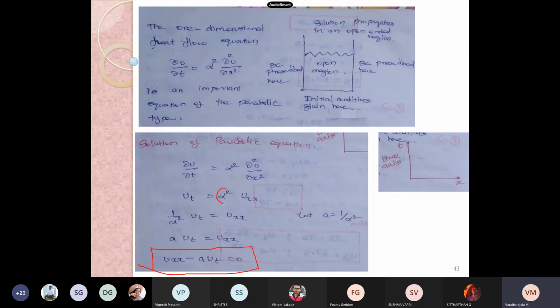The constant with u_xx can be taken to the LHS, so 1 by alpha square into u_t is equal to u_xx. Let this 1 by alpha square be a, therefore a into u_t is equal to u_xx. So u_xx minus a into u_t is equal to 0. This is the equation for the parabolic type.